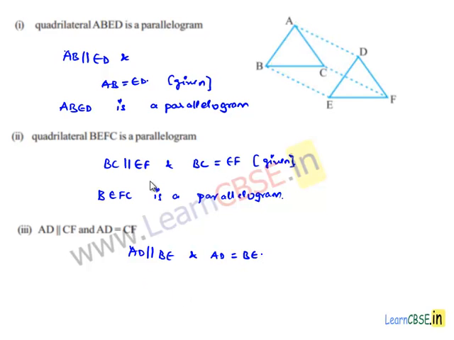Similarly, from the second proof, that is BEFC is a parallelogram, we can say CF is parallel to BE and CF is equal to BE. So from these two, we can say AD is parallel to CF and AD is equal to CF.